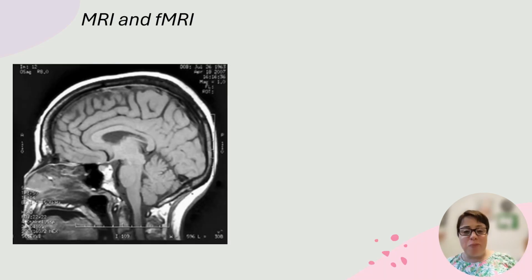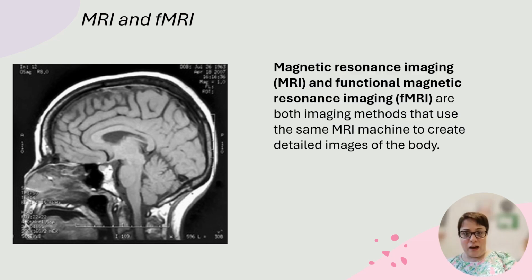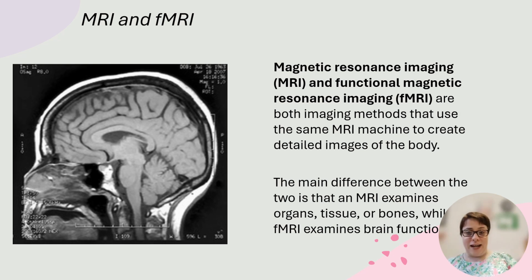Okay, so I'm sure most of you are familiar with an MRI, right? MRI, magnetic resonance imaging, as well as functional magnetic resonance imaging, has advanced our understanding of the relationship between the brain and mind more than any other tool.